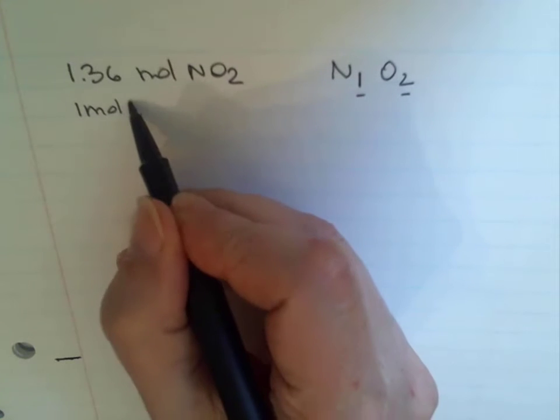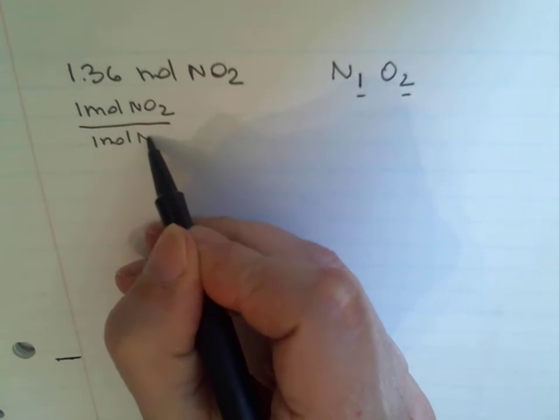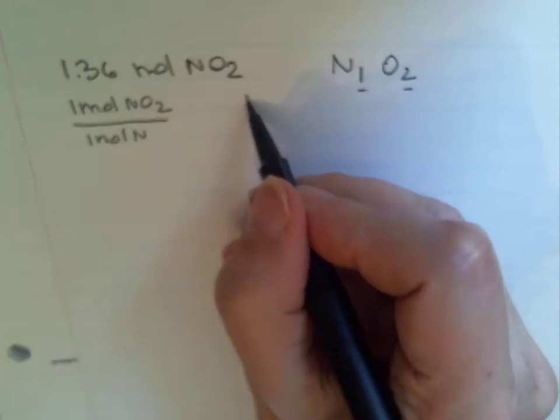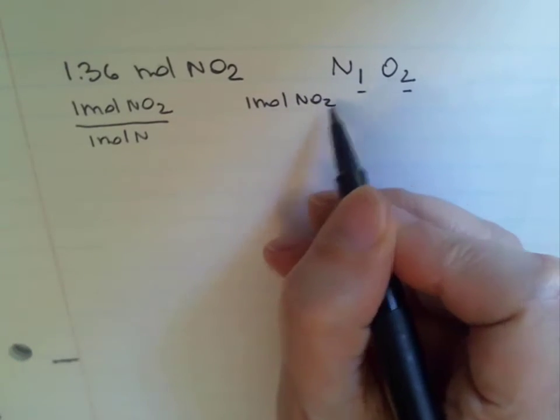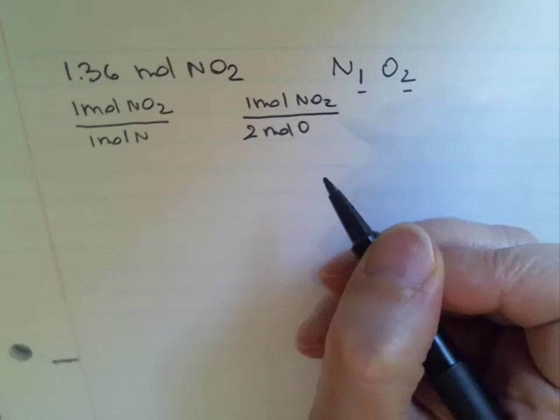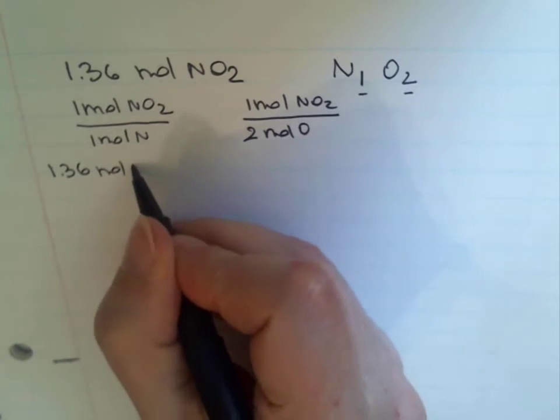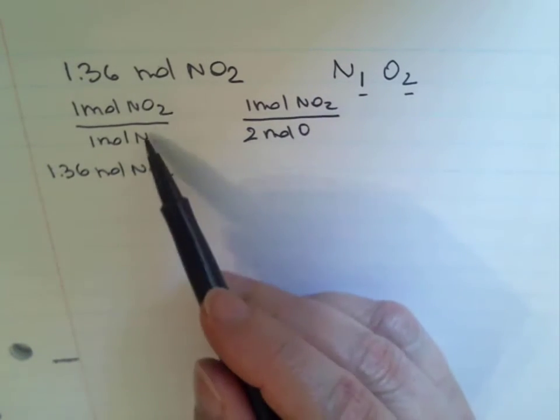So 1 mole of NO2 will contain 1 mole of nitrogen, and 1 mole of NO2 will contain 2 moles of oxygen. So I want to convert 1.36 moles of NO2 into moles of nitrogen.